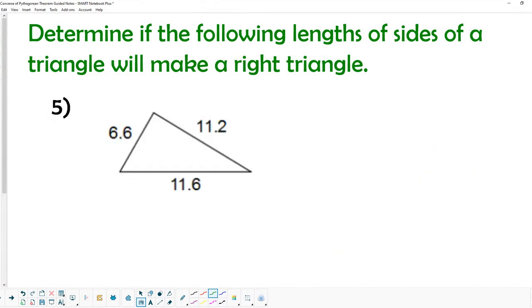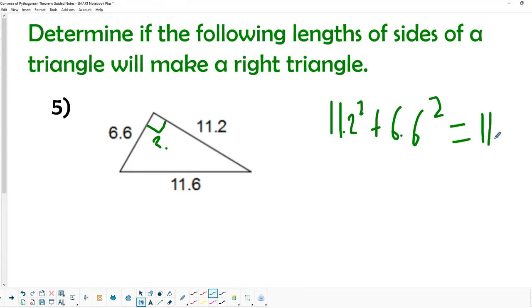Okay. All right, this one looks a little strange because it's kind of laying on its side. So what we're trying to do is find out if this is really a 90-degree angle or a right triangle. So we're going to do 11.2 squared plus 6.6 squared and see if it does in fact equal 11.6 squared.